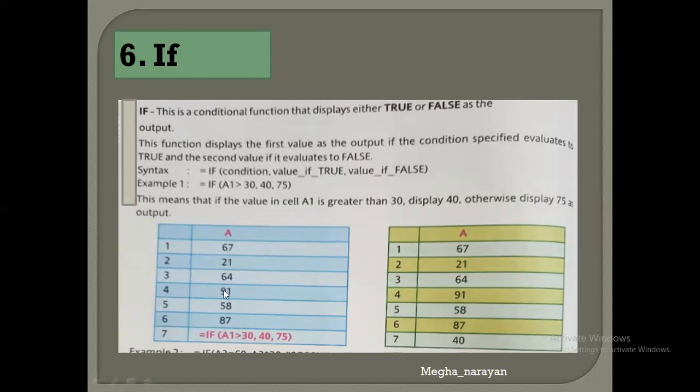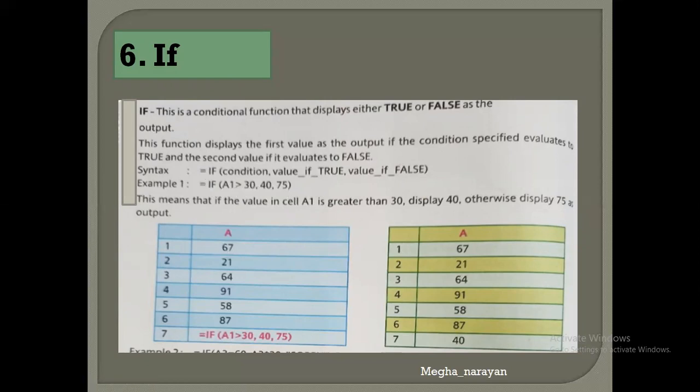Like in this cell range, I am putting a condition. If A1 is greater than 30, print 40. If A1 is not greater than 30, that means the false condition, then print 75.